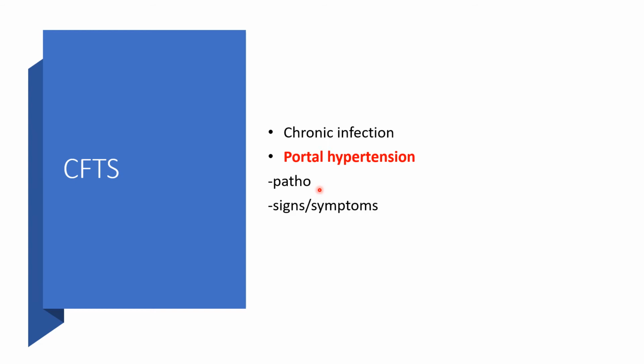So you can see that the liver is paying a huge price. Then the portal veins are going to be blocked, occluded. Then portal hypertension will develop. So what will the signs and symptoms be?